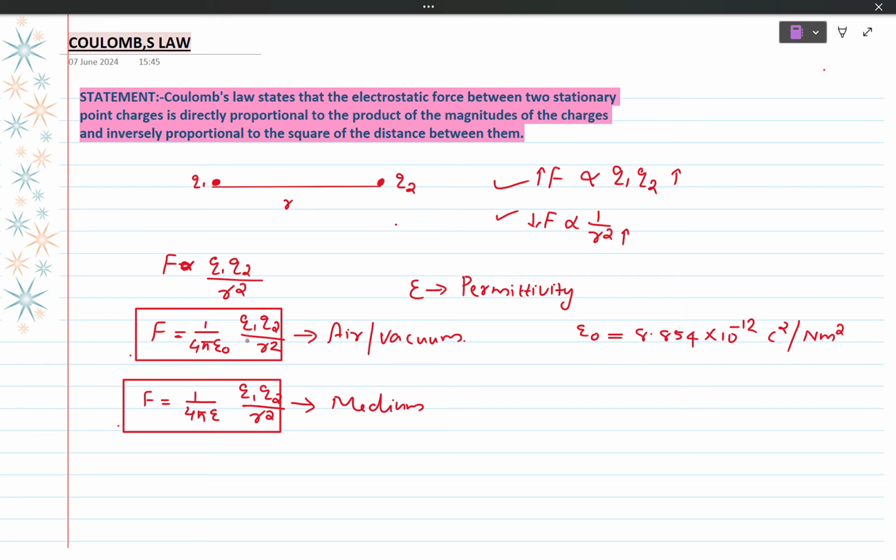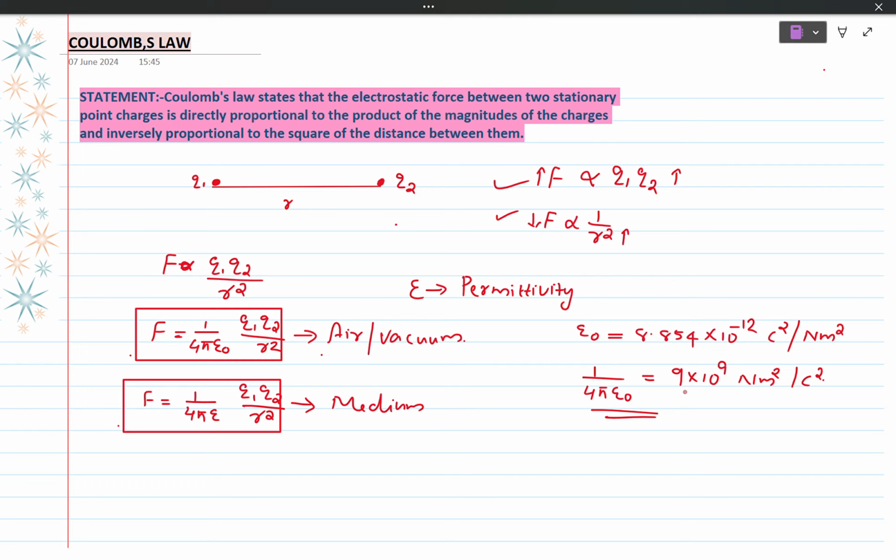If we substitute this in the first equation, we can calculate the constant value. Everyone knows the value of pi, so 1 by 4 into 3.14 into epsilon naught, and the final answer is 9 into 10 raised to 9 Newton meter square per Coulomb square. This is the value of the constant 1 by 4 pi epsilon 0.